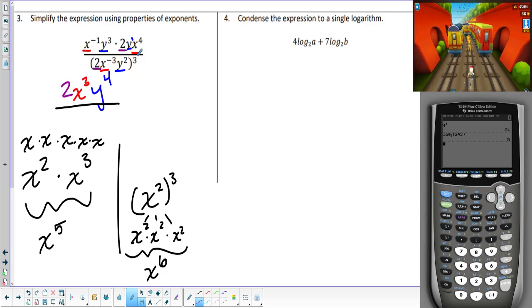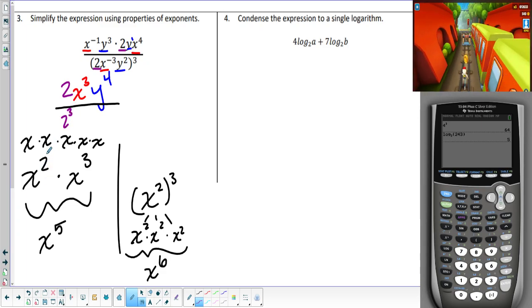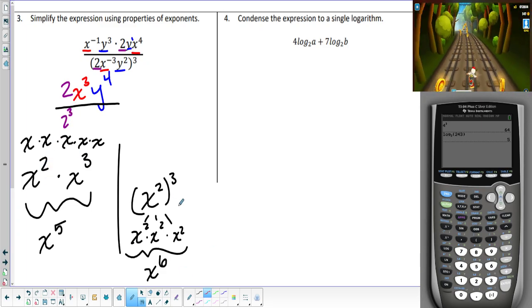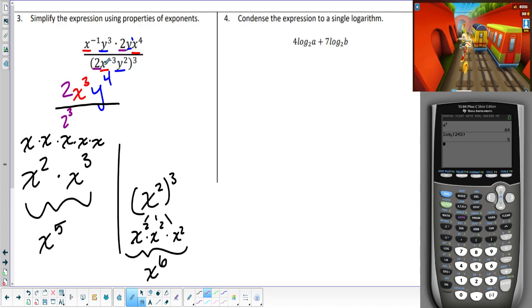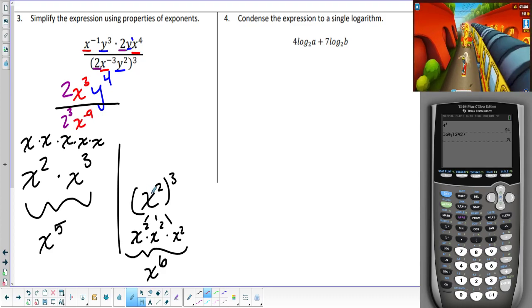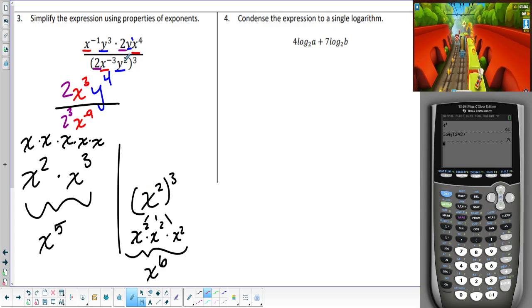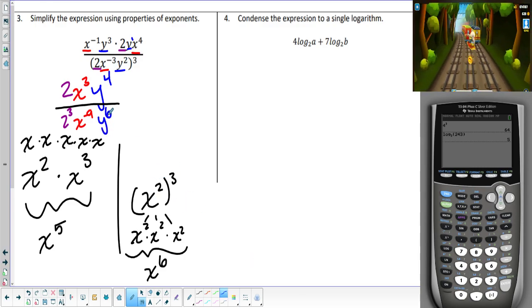We also have to apply the 3 to the 2, and I'll just write it as 2 to the 3 for now. We can get a little more simple in a sec. And then x to the -3 to the power 3. Well, you just multiply the exponents. So it's going to be x to the -9. And then y squared cubed, well, we just saw that's going to be y to the 6th.